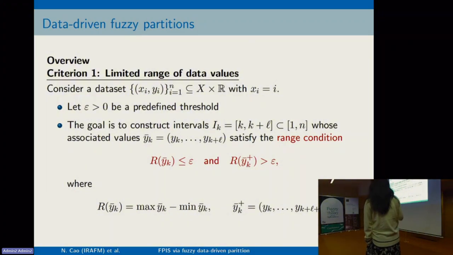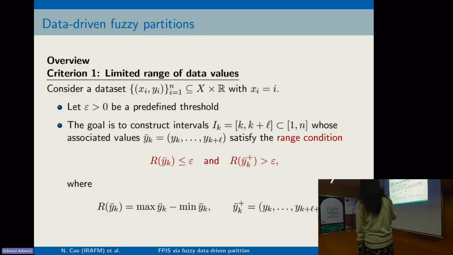And the goal is to construct the intervals such that the data corresponding to such intervals has a range that doesn't go over the epsilon we define in advance.